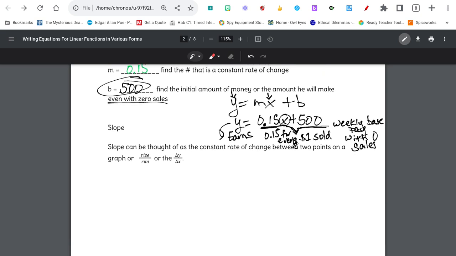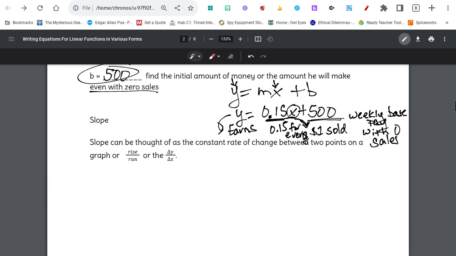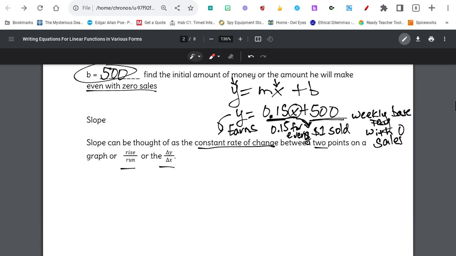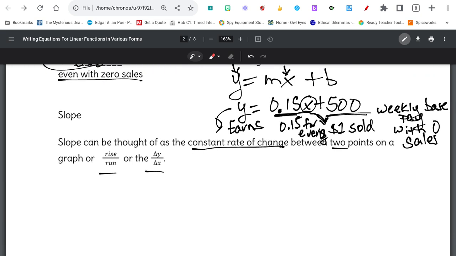All right, so I'm just going to reiterate some things that you should have learned from the videos that you watched the past 2 days. Dealing with slope. Slope can be thought of as a constant rate of change between 2 points on the graph, or rise over run. And guys, this is not triangle y over triangle x.